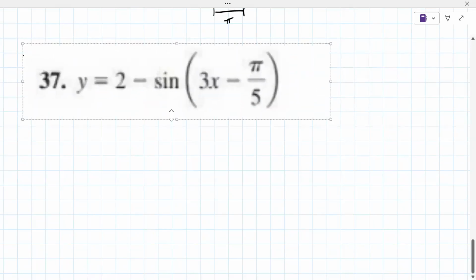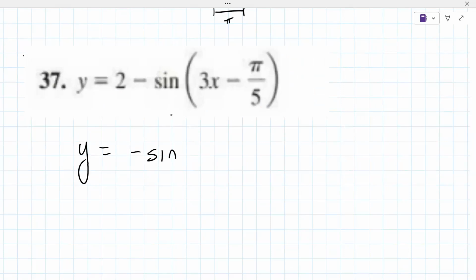Okay, so for this one, what I would like you to do is tell me what goes in parentheses after you factor out the 3. Give them the best you can. Pi over 15.